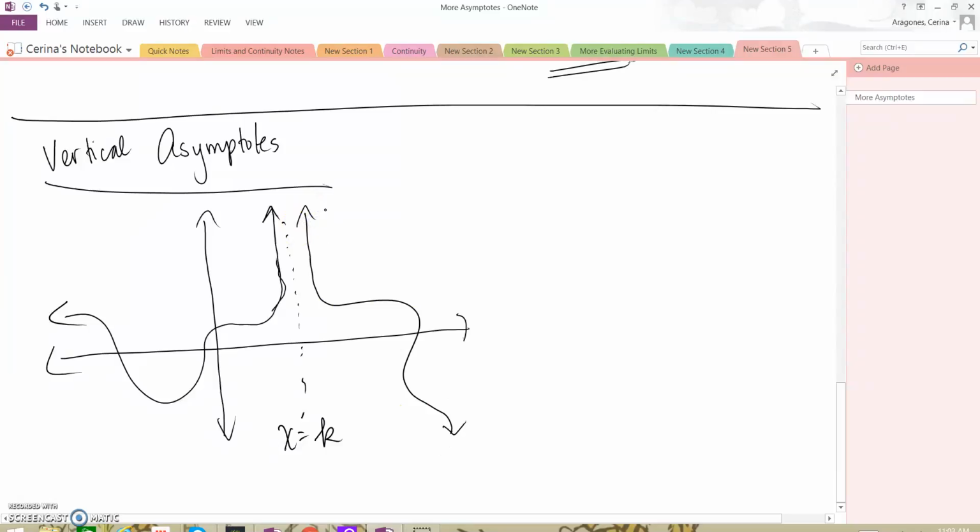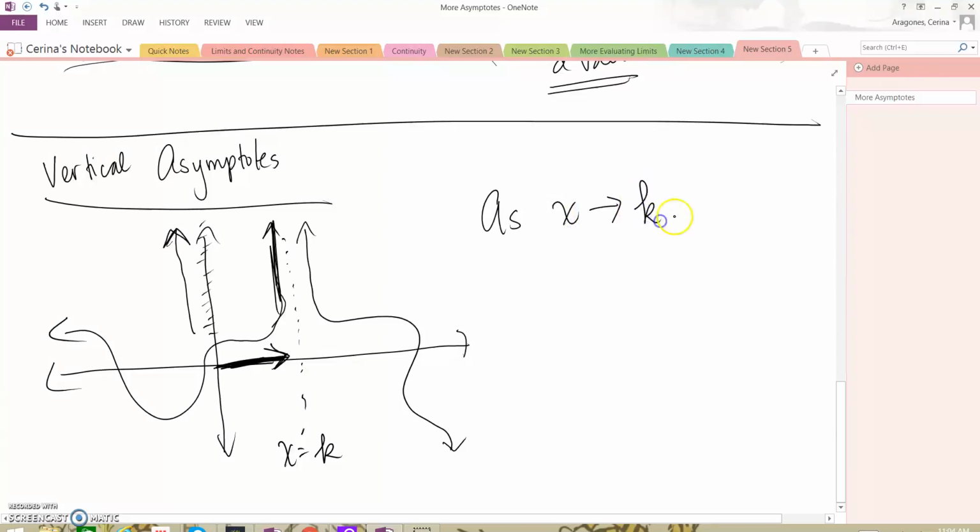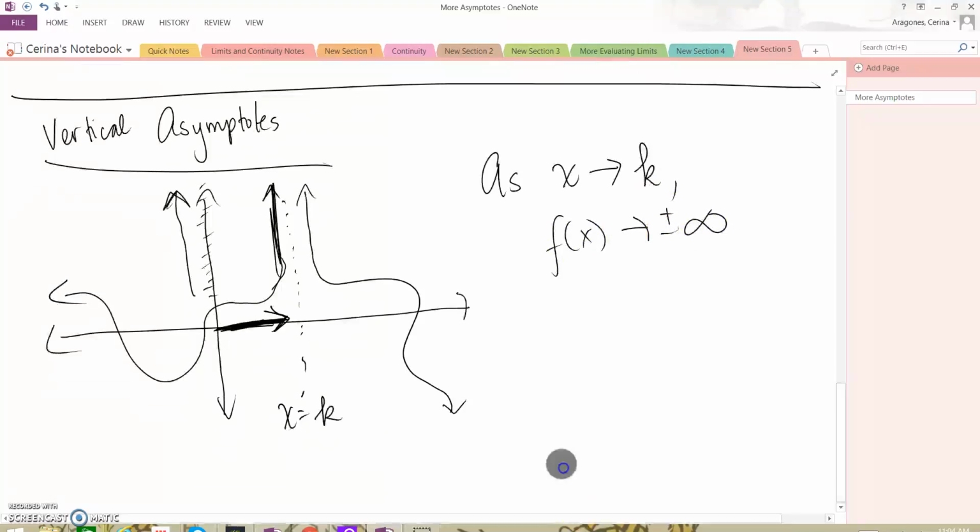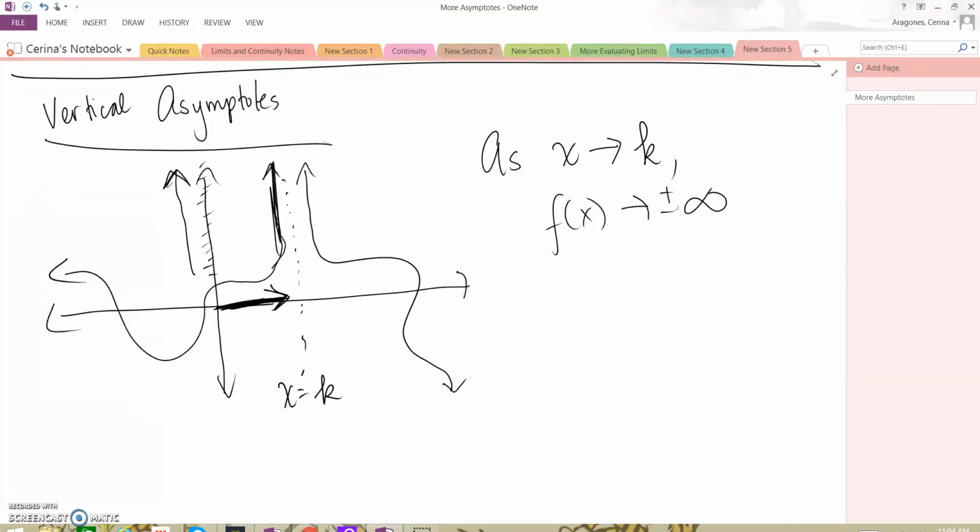As you can see, our y values are getting bigger, bigger, bigger as x gets closer and closer to the vertical asymptote. So as x approaches some value, f of x either grows to infinity or to negative infinity. That's what a vertical asymptote is.